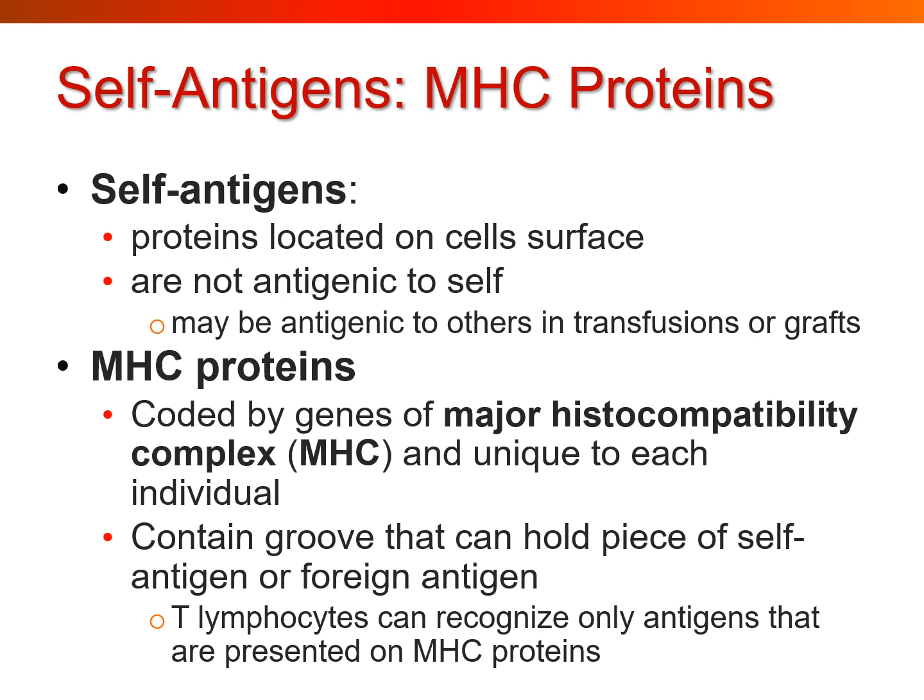So your MHCs are going to be different than mine, and within this major histocompatibility complex receptor is a little groove where a cell can deposit an antigen and display it.